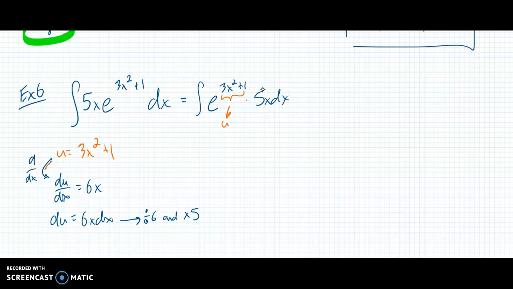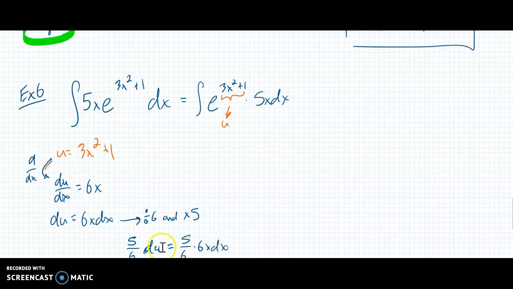That gives me 5, because I'm multiplying, over 6 du equals 5 over 6 times 6x dx. Oops, I missed my x. X dx.